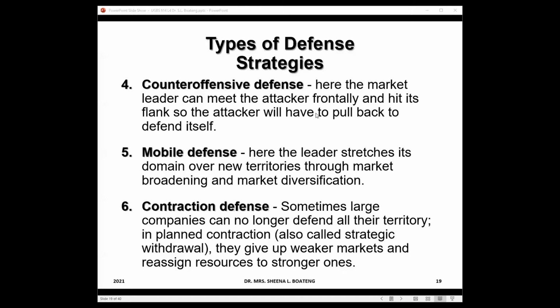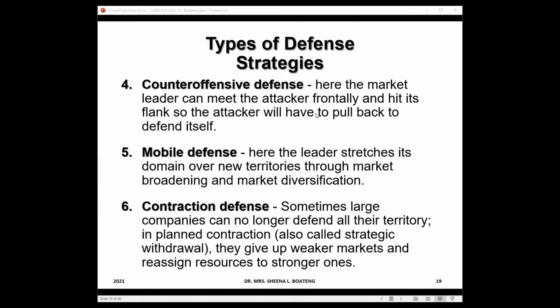And this usually happens a lot in the technology industry, where we can see a lot of suing back and forth between technology companies, including more recently what happened between Apple and Huawei, isn't it? Yeah. Good. Right? So that's a typical example of counteroffensive. They sue each other back and forth.